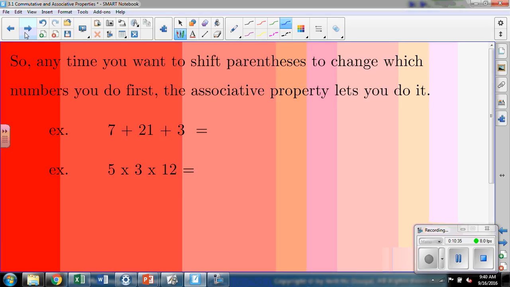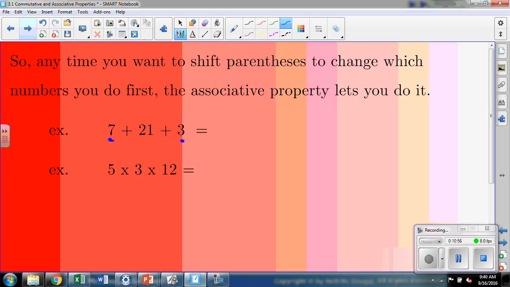Keep in mind that we already have the associative properties, we already have the commutative properties, so we can flip numbers around if we want. Right? Recognizing the numbers, 7 and 3 are going to be the easier ones. We want to put those together.